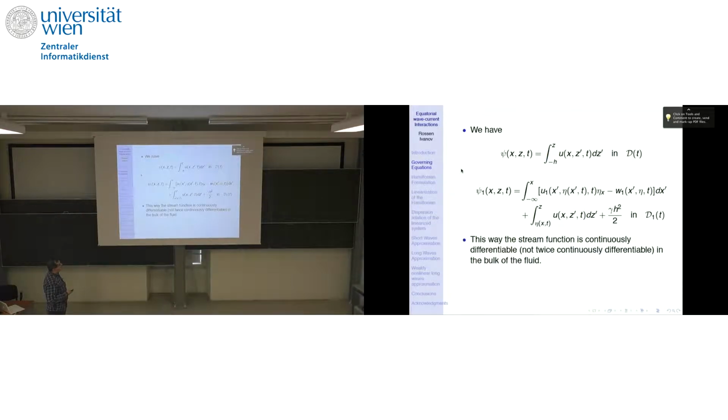And it's written in such a way that, first of all, at z equals minus h, at the bottom, we start with the stream function being 0, and in a continuous way the function goes from psi to psi1. Psi can be continued in a continuously differentiable way, but not twice continuously differentiable, from the lower level to the upper level.